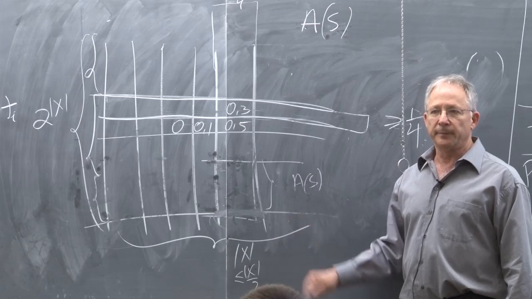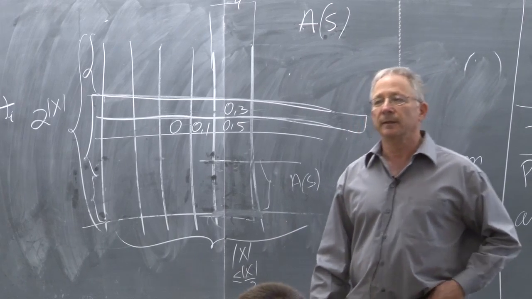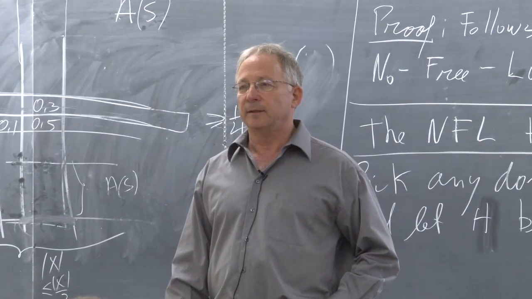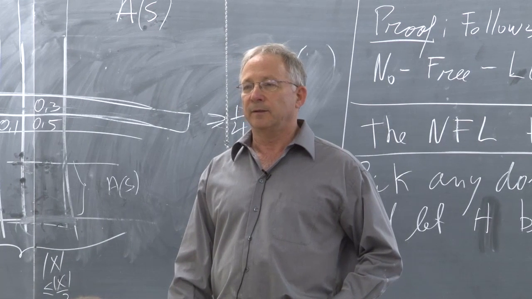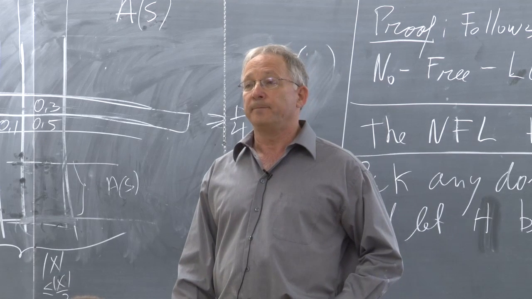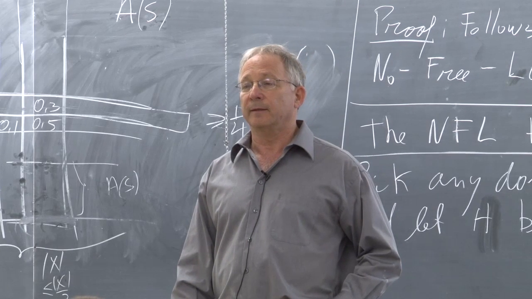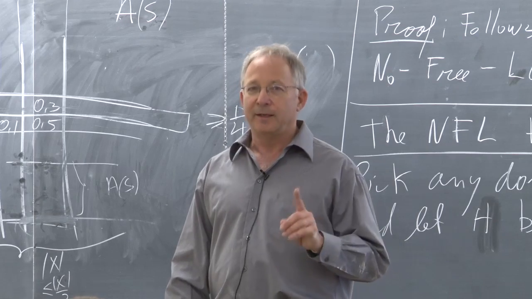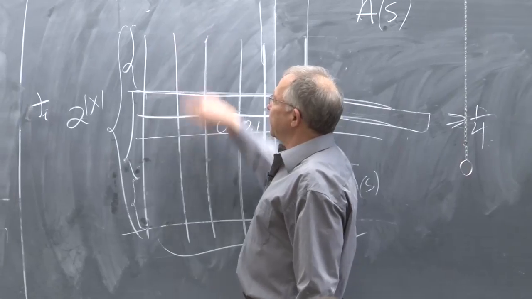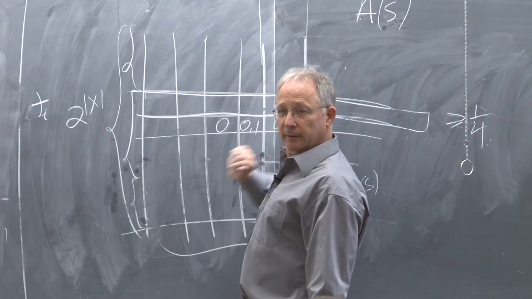Yes? Isn't it possible that the sum of that row is extremely close to 1, and then all the rest of the rows are very close to 0? And then if that's the case, the chance of making a mistake is still less than 1 over 8. OK, so he is asking, what did we conclude? We saw that every column will have average at least a quarter.